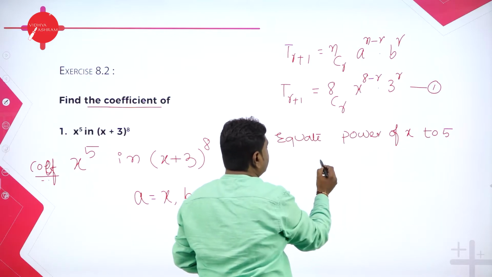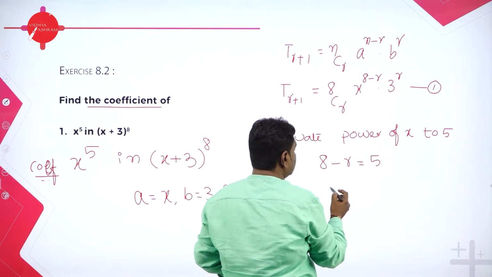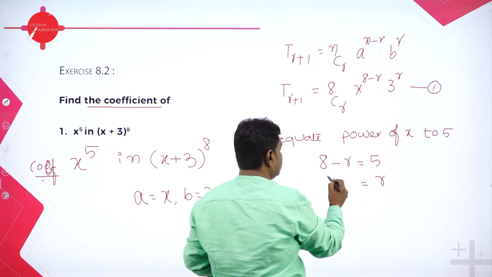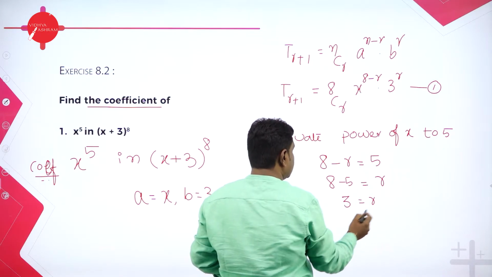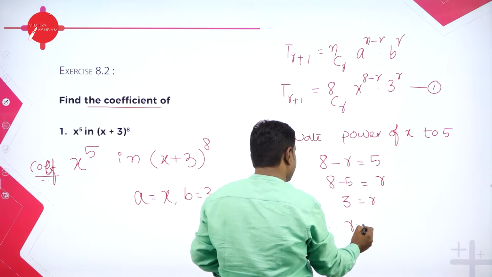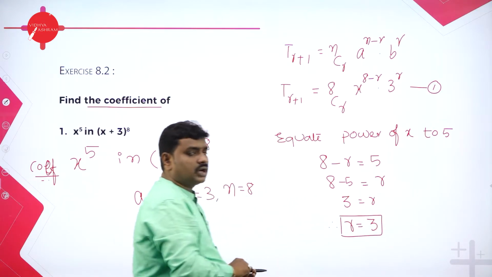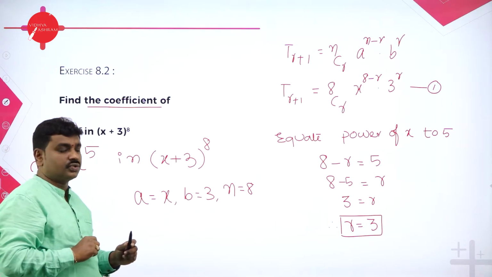What is the power of x? 8 minus r. Equate it to 5. So minus r you transfer that side, it will become plus r. 5 you bring this side, it will become minus 5. So this is 3. 3 is r, therefore r is what? 3. The r value is exactly 3. So do they want r? No. They want the coefficient. Till this part I hope all of you understood.